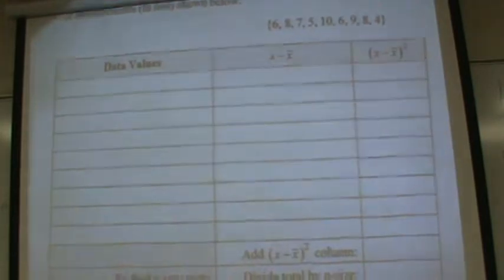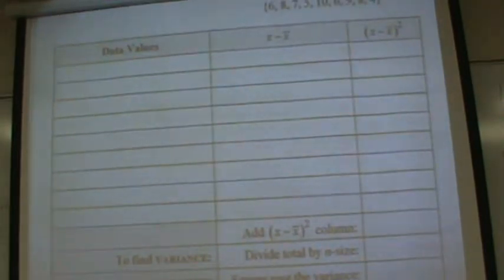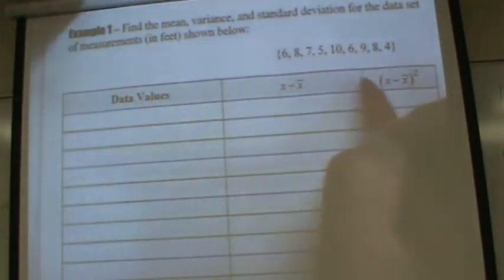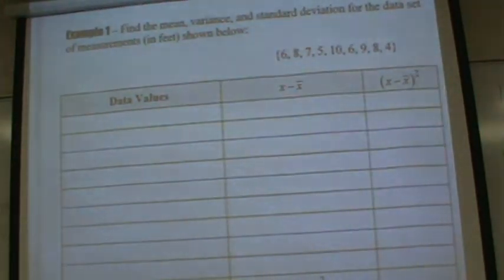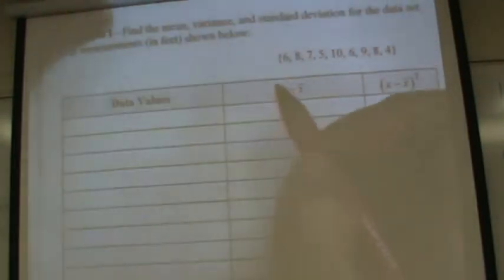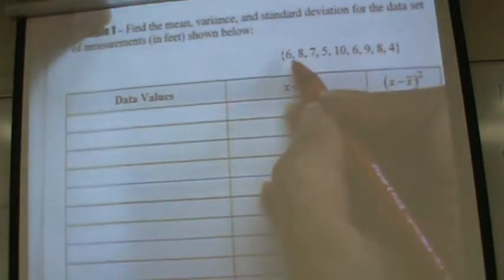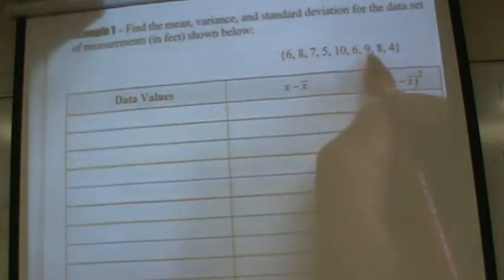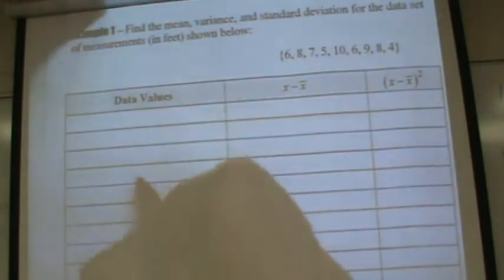So, this is what you're going to do. You're going to fill in this chart. Whatever data was collected, these were the numbers that were collected. It could be anything, how many cousins people have. 6, 8, 7, 5, 10, 6, 9, 8, 4. These are your data values.